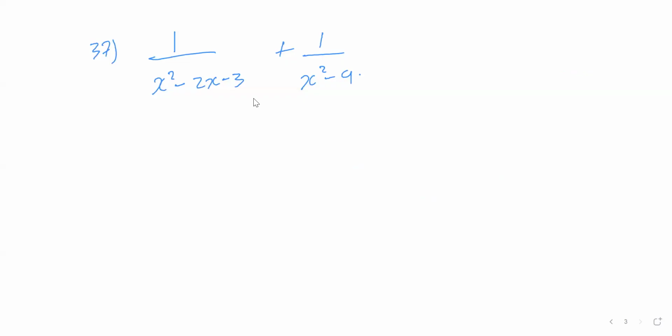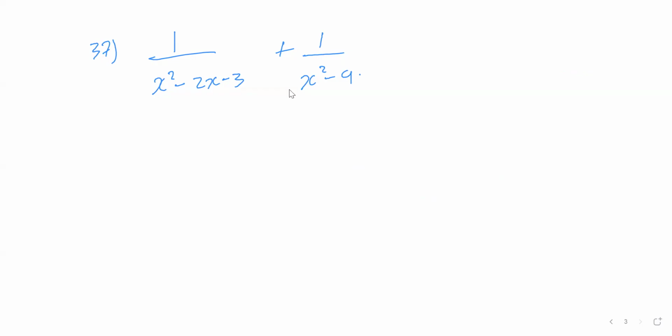Remember what the LCD is: the product of all factors of the denominator without repetitions. So if your denominator is not written in terms of its factors, you can't find the LCD.